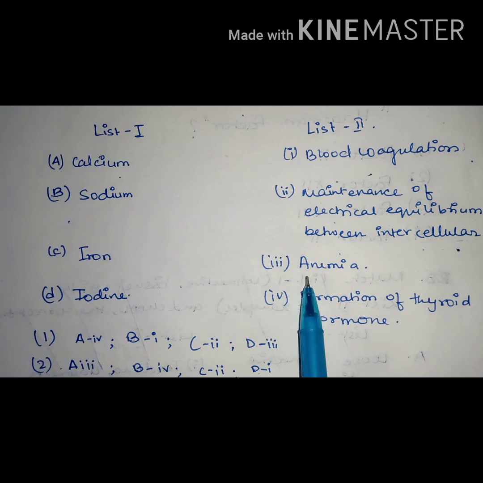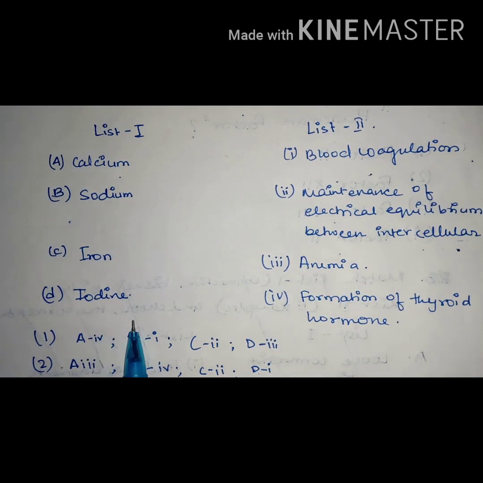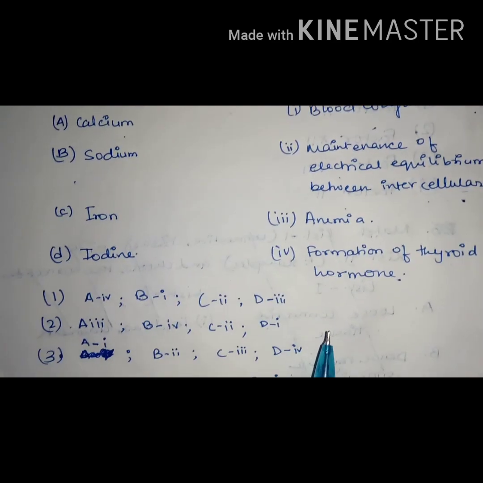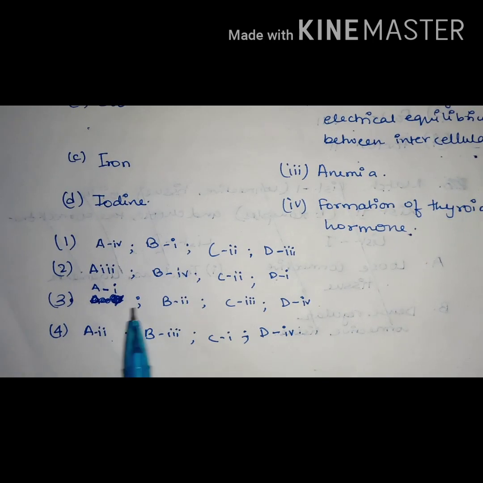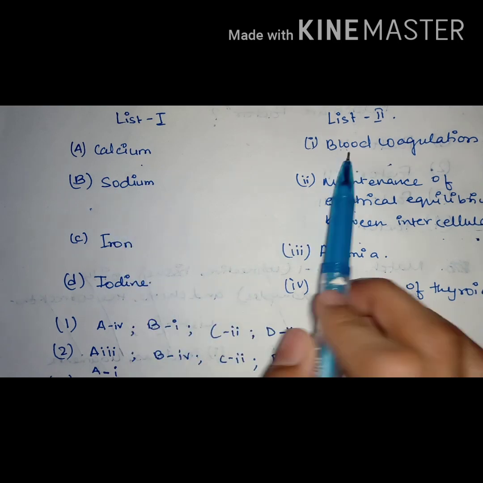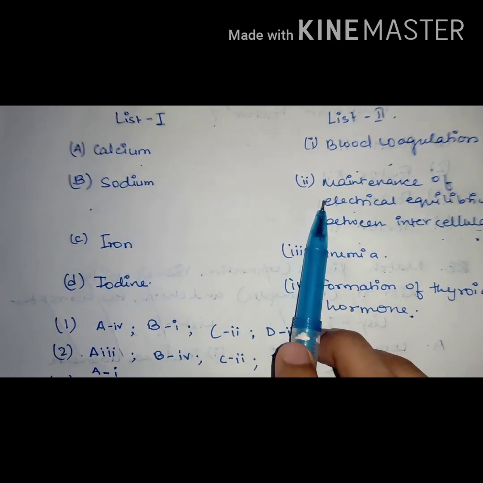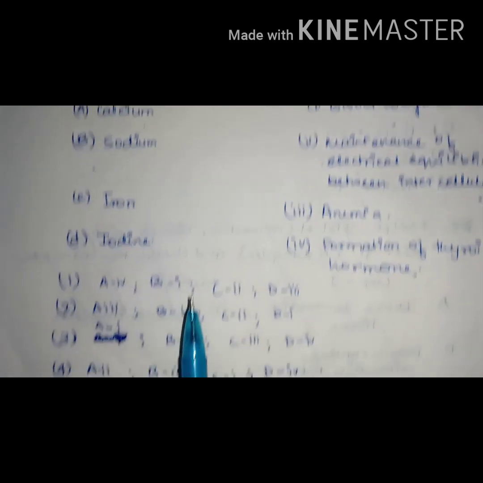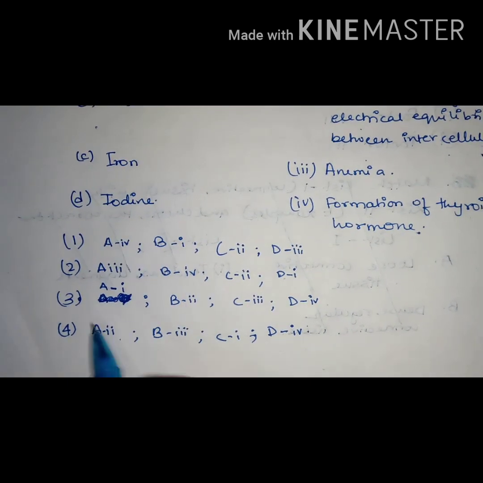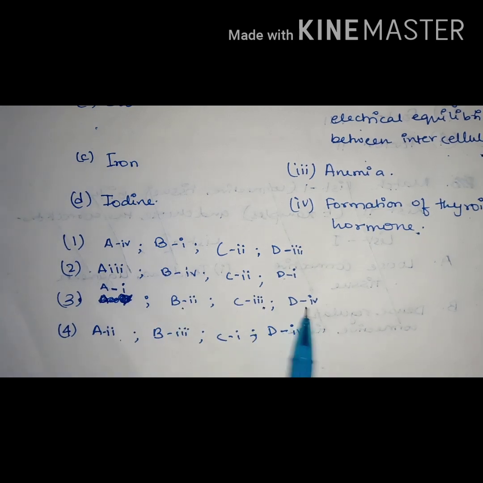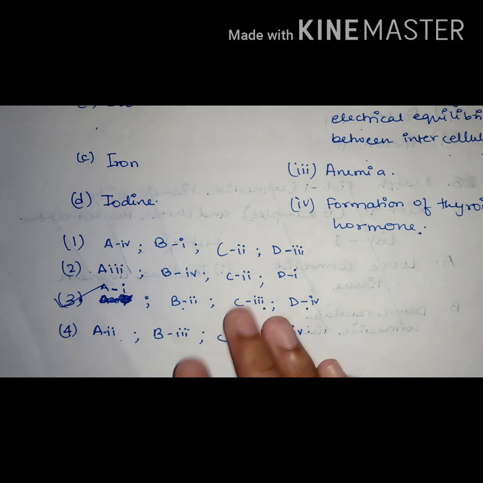Iron helps to reduce anemia. Iodine, formation of thyroid hormone. So among these options, the one which matches is A1, B2, C3 and D4. So the answer is 3.